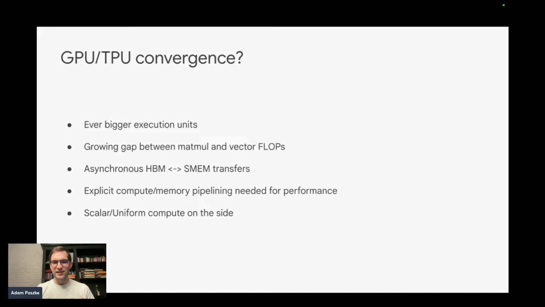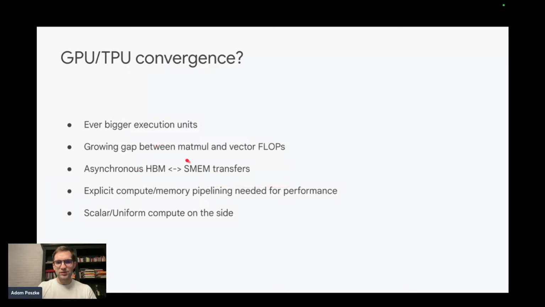And as we're building Pallas, we're trying to take into account the trajectory along which those accelerators are moving, right? For example, the execution units, the tensor cores, the granularity at which you run them are getting ever bigger, right? On GPU, now in Blackwell, you have 2 CTA or 2 block matrix multiply instructions, right? Which is quite huge, really.